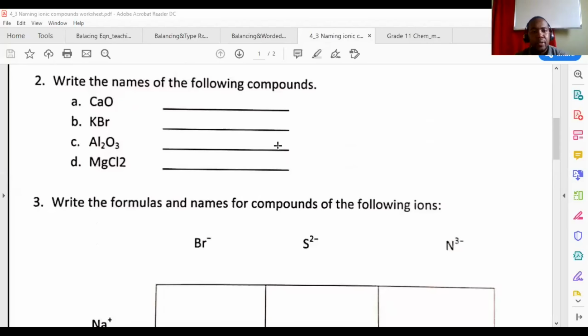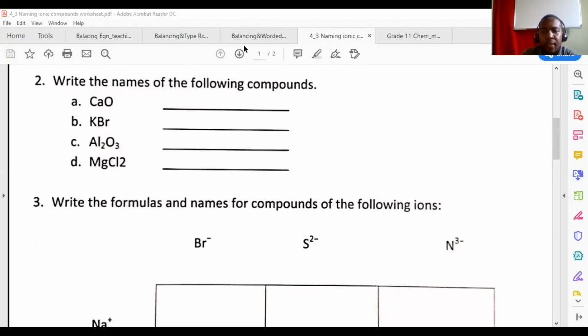First, we're going to look at ionic compounds, just naming them, to ensure that we all know how to do these, because it's going to be important when we look at moles. So we're going to name the following compounds. You can go ahead and start giving me the names. The first one is CaO.